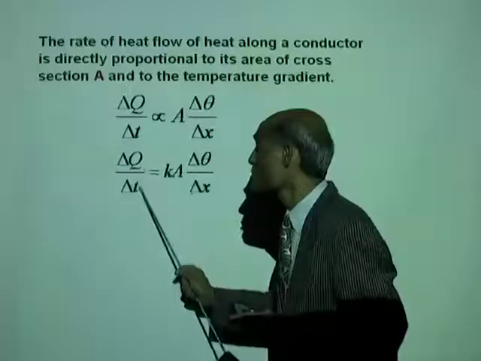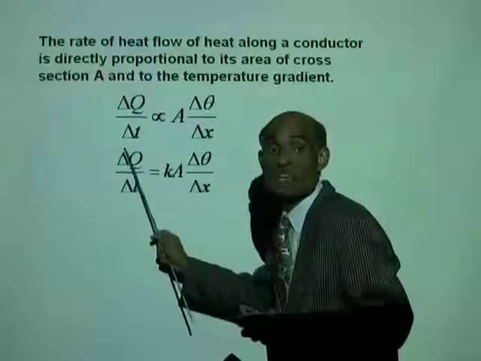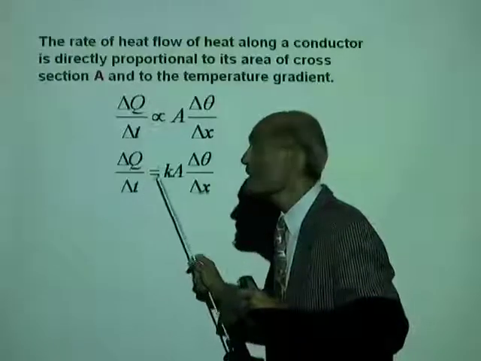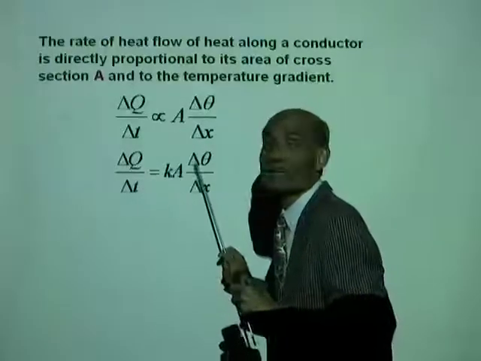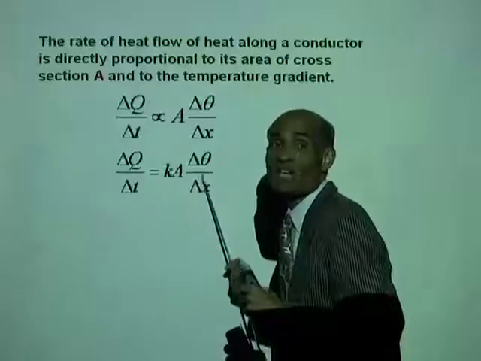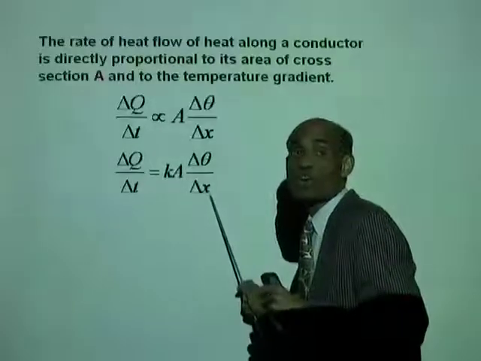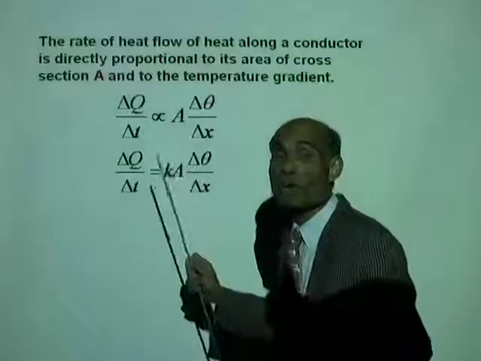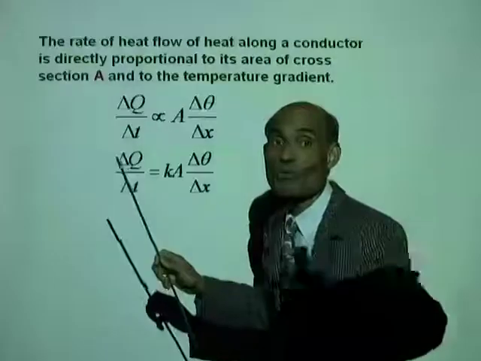So delta Q by delta T, what did we say we call this quantity? The thermal current, equal to K a delta theta by delta X. What did we say we call delta theta by delta X? The temperature gradient.